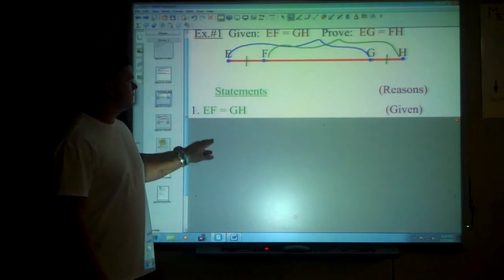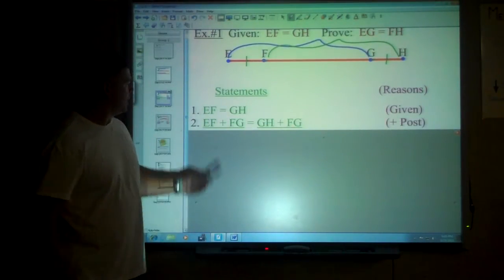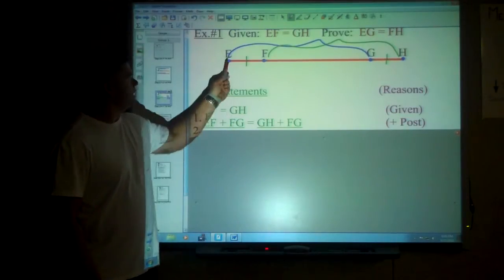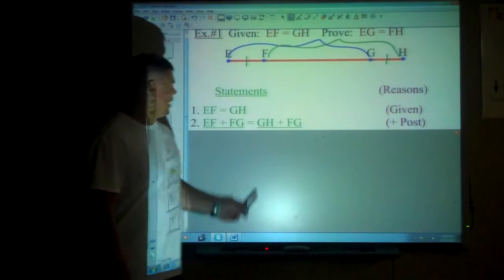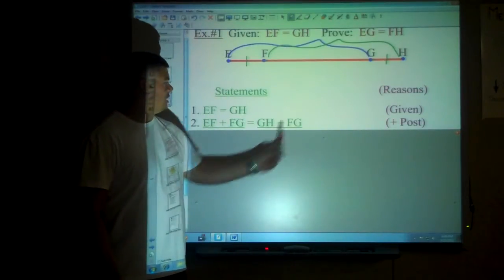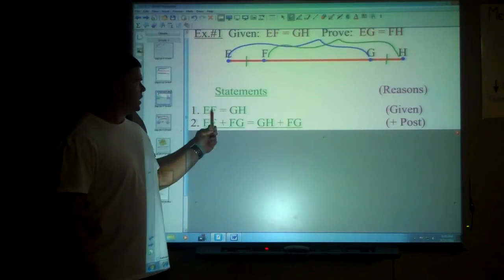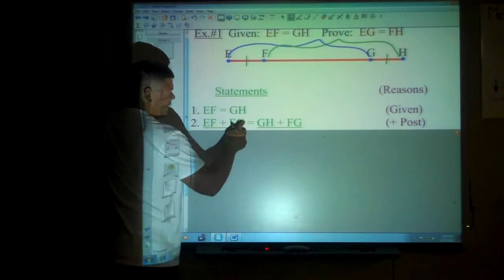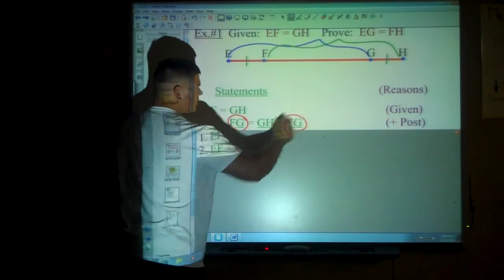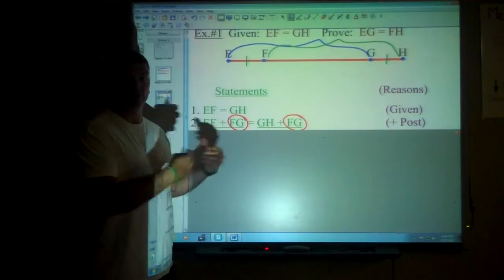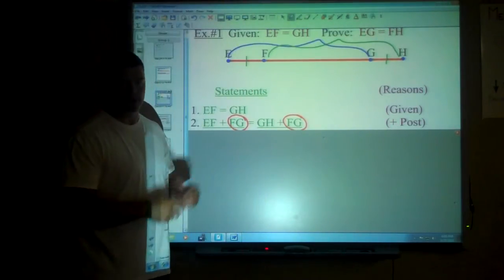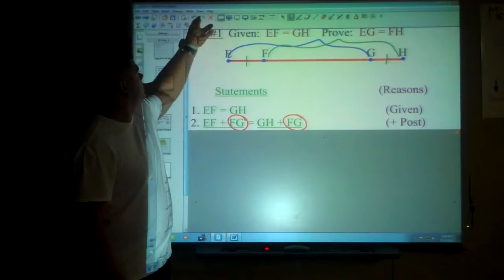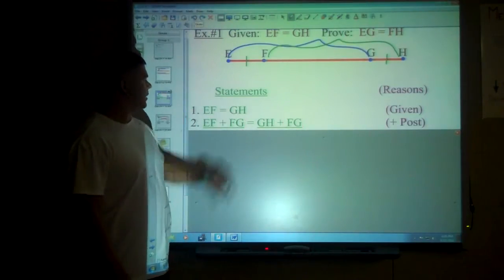Then, from there, we will say that EF plus FG, now EF plus FG, that's the middle portion, equals GH plus FG. In other words, both sides of this equation have F to G added to it. And if you add the exact same thing to both sides, then it's the addition postulate, or the addition property of equality. So we added the same amount to both sides.